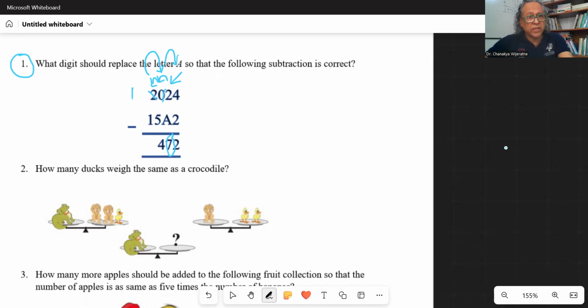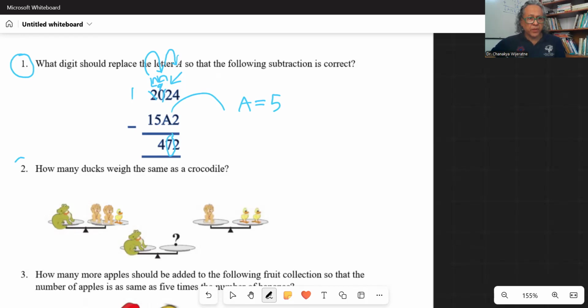With that 10 and this 2, it becomes 12. Then you take away A from 12 and you get 7. So that means A has to be 5. If you get 7 after taking away something from 12, it has to be 5. So the answer is 5. A is equal to 5.